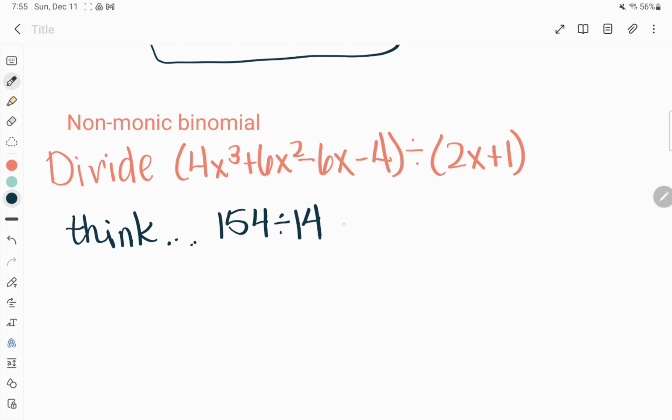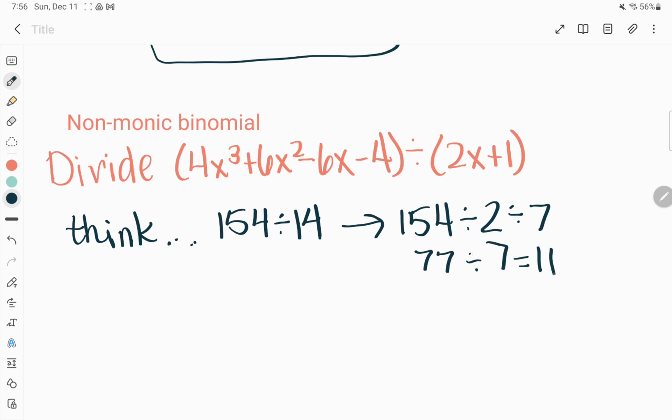I could think to myself, boy, this is the same as doing 154 divided by 2, and then divided again by 7, because 2 times 7 is 14. So if I divide 154 by 2, I'm going to get 77. Then when I divide by 7, I'm going to get 11.